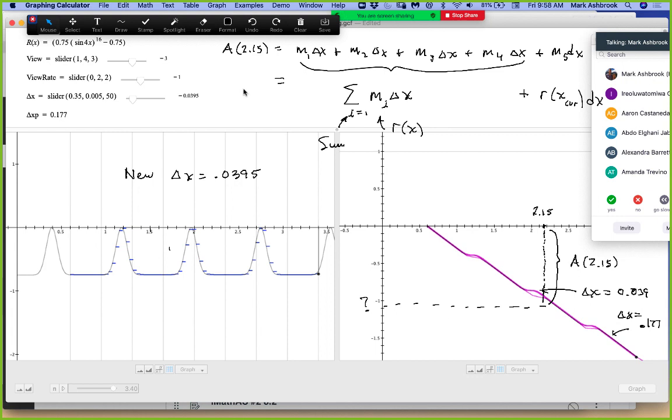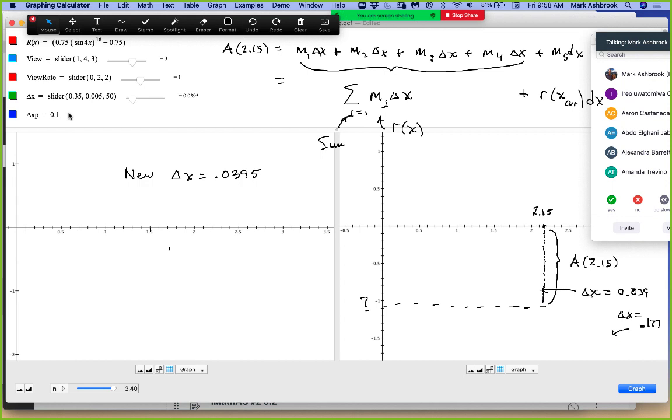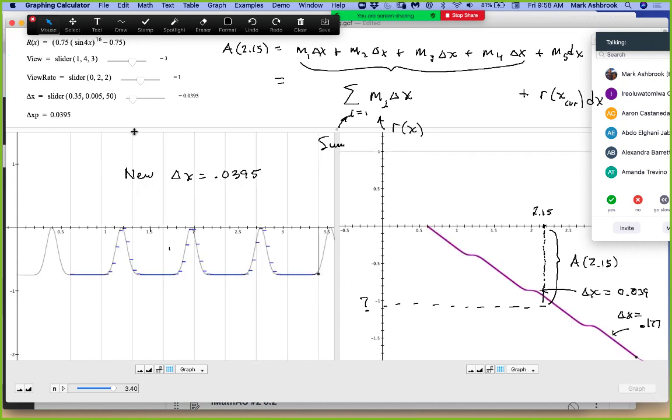So we're going to do one more time, and I'm going to hold on to the 0.0395. So there's the 0.0395.